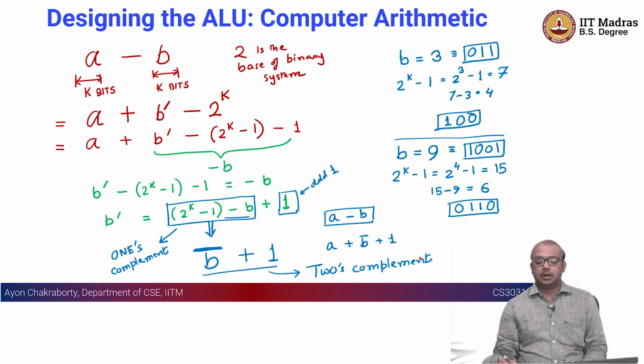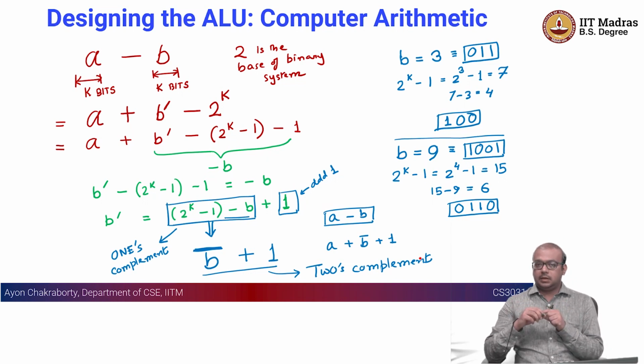Okay. So what is 2's complement? For a number, this is a representation of the number, and it is as follows: you basically complement the number and add 1. That is how you can compute the 2's complement of any number. Just invert the number and add 1.